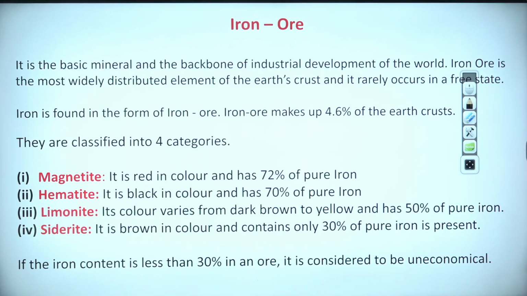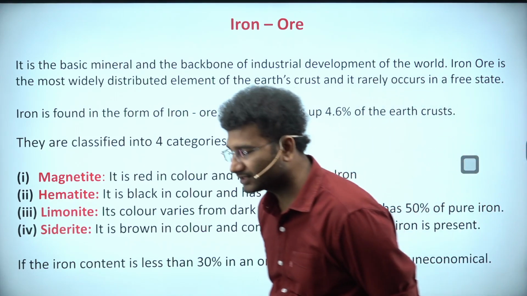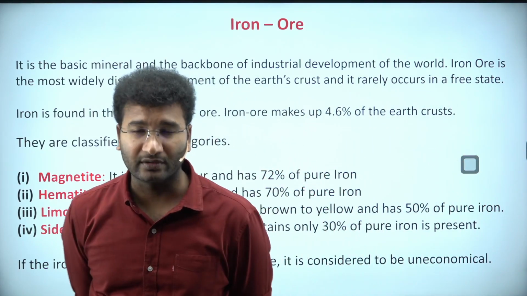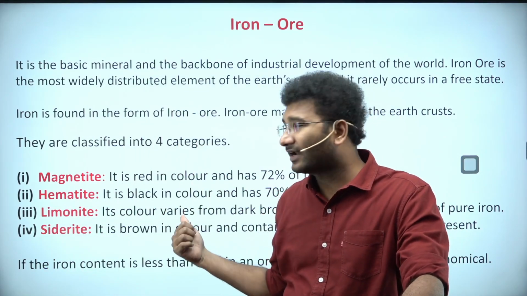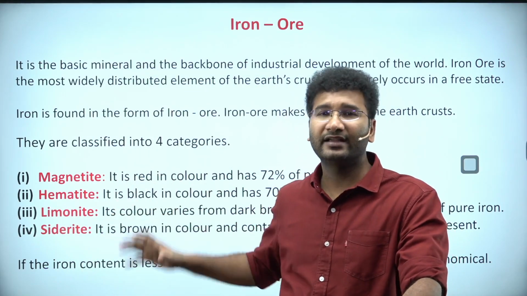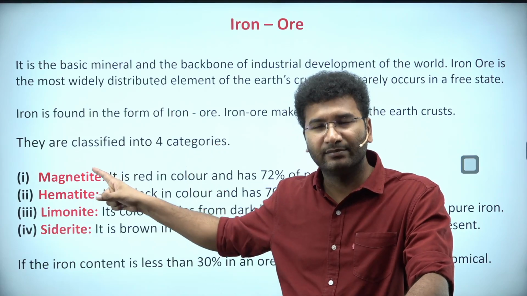Iron ore is the basic mineral and the background of the industrial development of the world. No doubt, iron ore is the most widely distributed element of the earth's crust, and it rarely occurs in the free state. It always occurs in the form of ores. These ores are four: magnetite, hematite, siderite, and limonite. The highest amount of iron is present in magnetite.